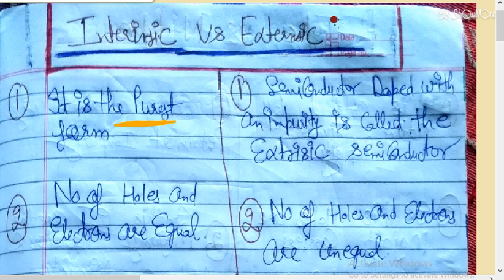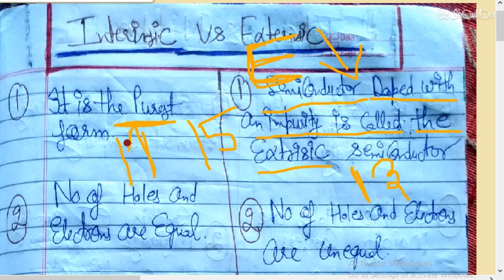Now in case of extrinsic, a semiconductor doped with an impurity is called an extrinsic semiconductor. As I said, if we dope element of group 13 or group 15 into the semiconductor, or add any external impurity to silicon or germanium, group 14, then that is called extrinsic semiconductor.